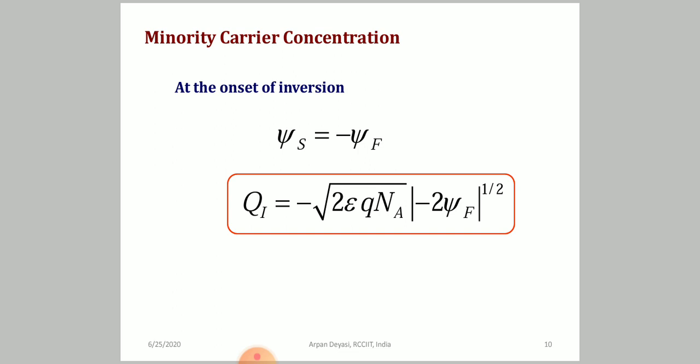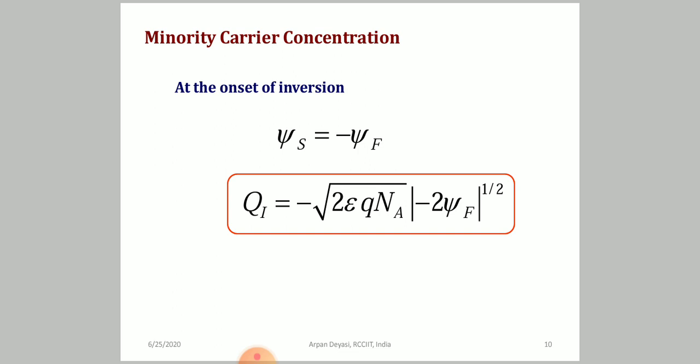So surface and Fermi are negative, and naturally every calculation should be based on Fermi, not on surface, because surface will be a variable quantity. You can't consider surface potential as a reference, because at different depletion bias it will be different, at different inversion bias it will be different.